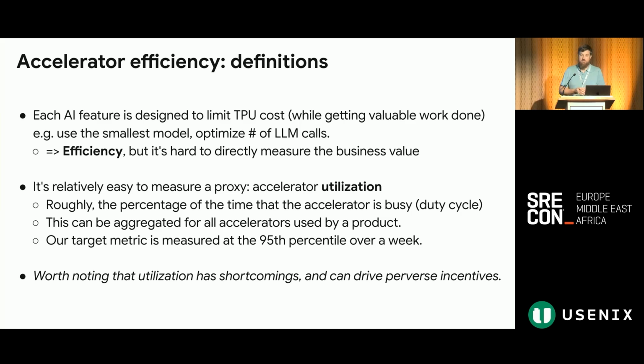What is fairly easy to measure is the utilization of the accelerator or of all your accelerators. And this is roughly the percentage of the time that the accelerator is busy so that you are putting work through it. And then, basically it is hot. And we measure the duty cycle, and that's our utilization metric. And we actually measure that at the 95th percentile across the week because there can be little spikes that don't really help with the overall measurement.